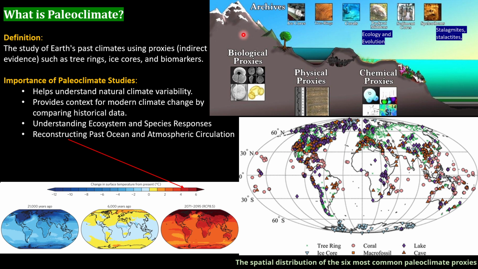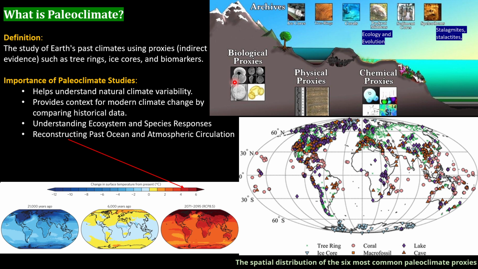In this figure we see the chemical proxies like oxygen isotope, silicon isotopes, nitrogen isotope, biomarker analysis or carbon isotope. Physical proxies like tree rings and various outcrop lithology like black shale can also be used to interpret the past climate.